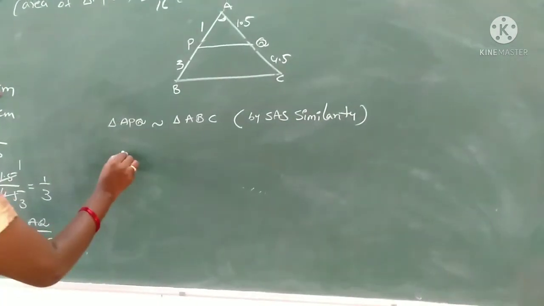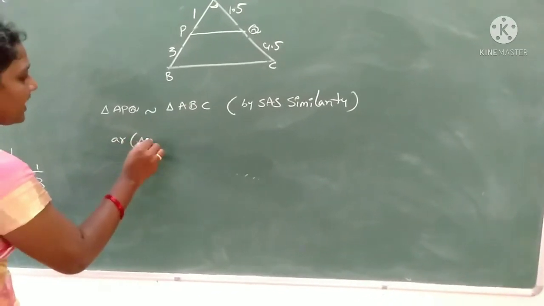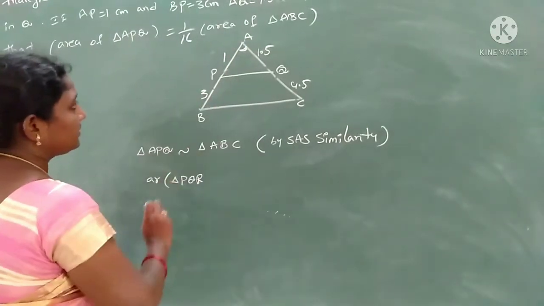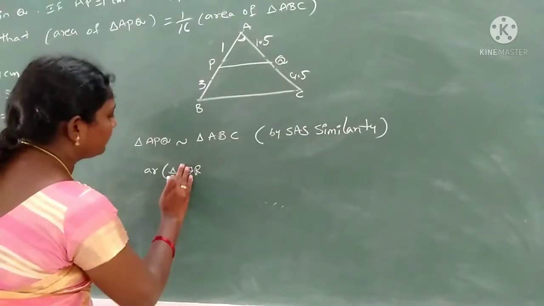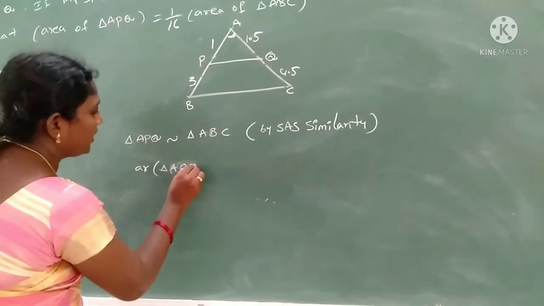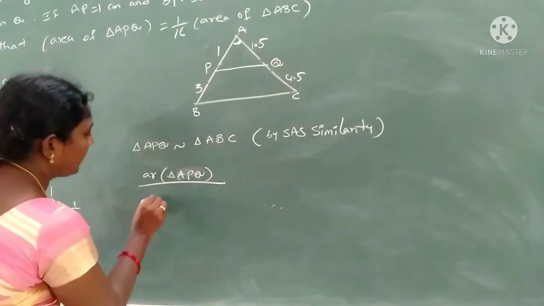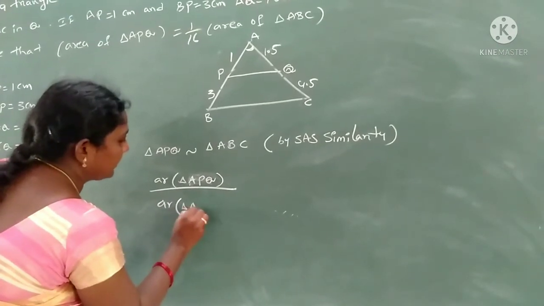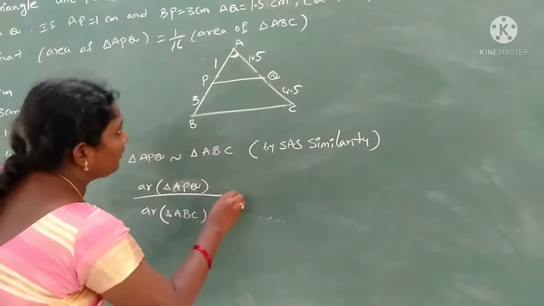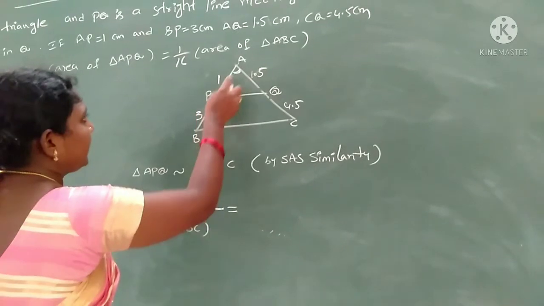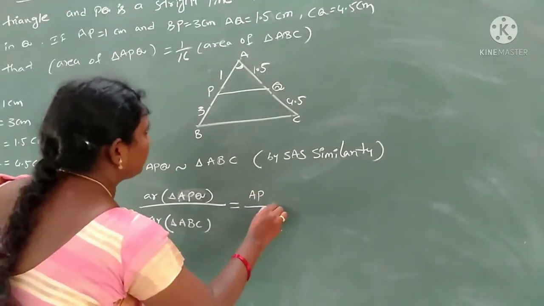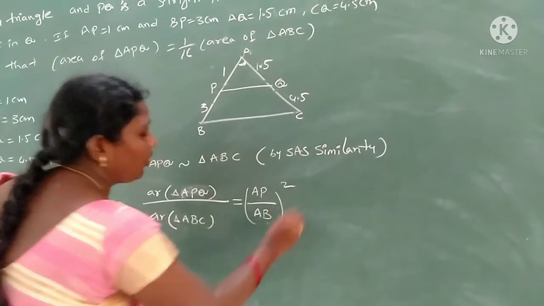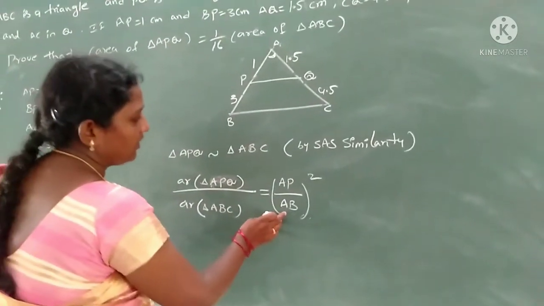We know that area of triangle APQ by area of triangle ABC equal to AP by AB whole square.